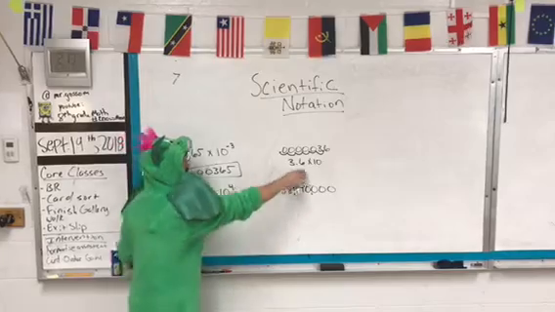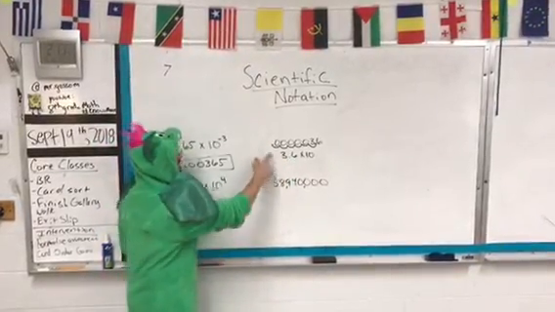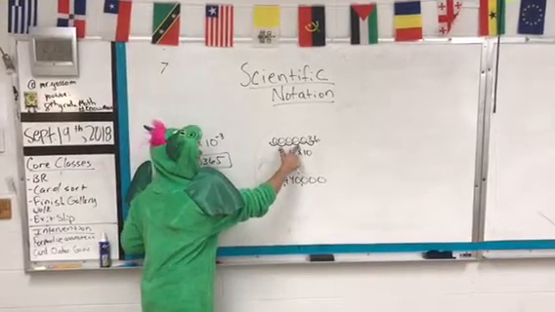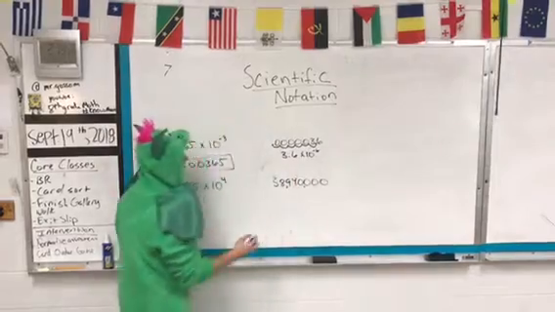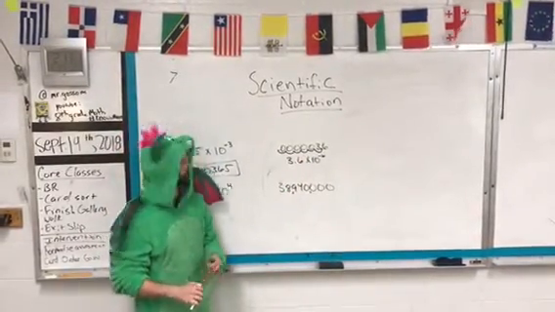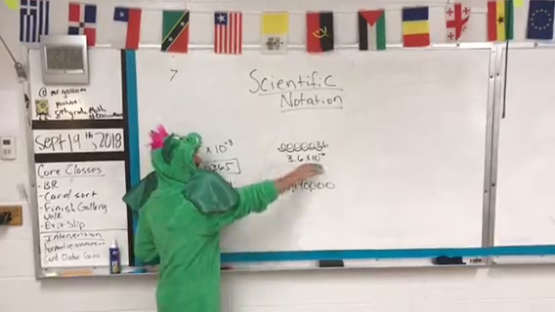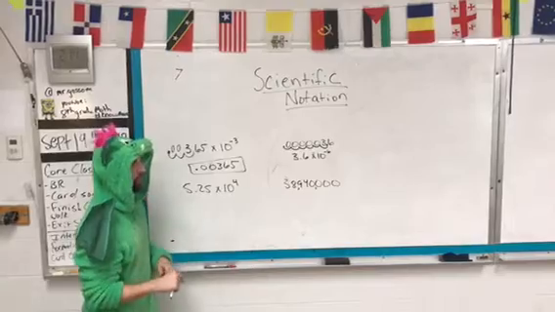So that's why it's always times 10. And then you put how many times you moved the decimal: 1, 2, 3, 4, 5, 6. So it's -6, and it's negative because this is a small number, smaller than 1. So that's your scientific notation for a very, very small number.